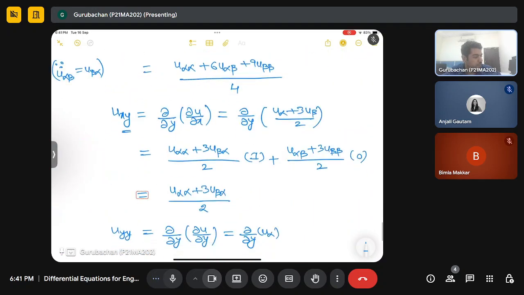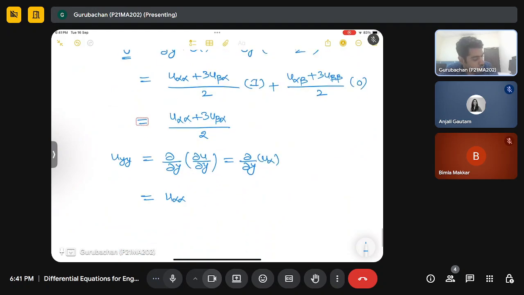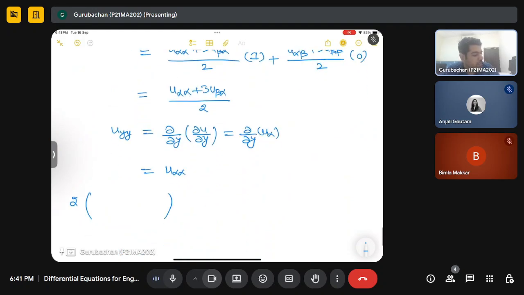So 2 times uxx means 2 times uxx. So what is the value of uxx? Let me first write the original equation, then we will substitute the values of uxx and uyy. This will be 2 times uxx minus 2 times uxy plus 5 times uyy equal to 0.